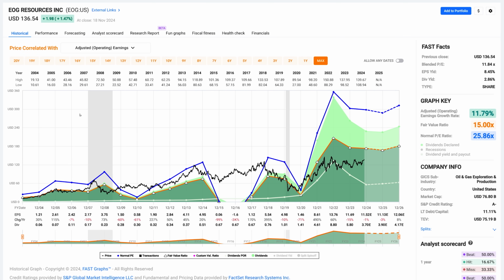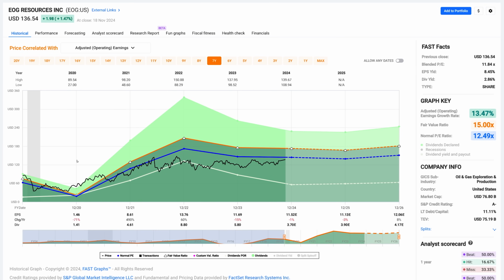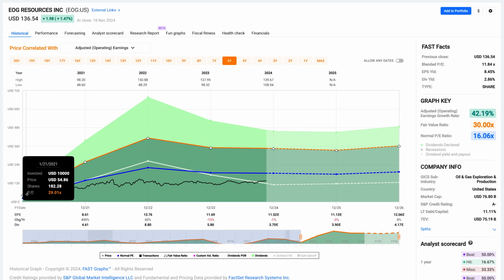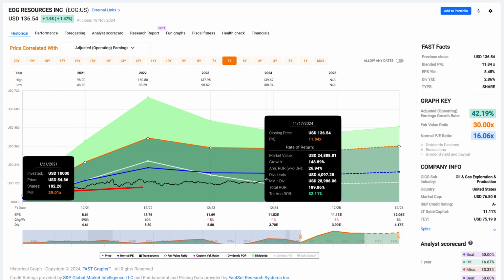Now, EOG Resources, oil and gas exploration, very cyclical earnings, a pretty steady dividend growth. The company pays under 3% dividend. Again, we see this surge coming out of COVID for the last 3 or 4 years. So if I shorten this time frame to 7 years, maybe even 6 years, I get a little better picture. If I just calculate roughly performance here, it's had over 32% a year.